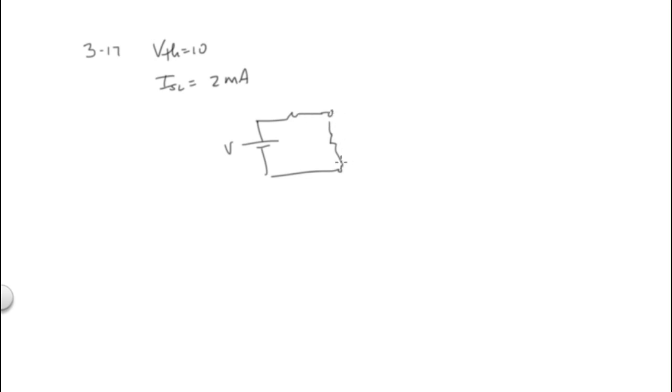That's what they're asking for. So let's calculate R Thevenin. R Thevenin is equal to 10 divided by 2 milliamps. 10 divided by 2 is 5 times 10 to the third, or 5k ohms. So this is 5k ohms. If you put 5k ohms here, it would drop the 10 volts to half.